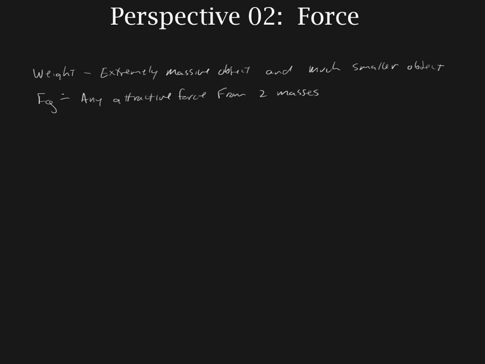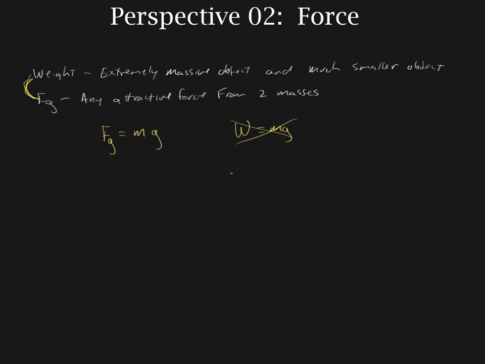In the cases where we're talking about weight as this attractive force between a really massive object and a much smaller object, in those cases we tend to use this equation. The force of gravity is equal to m times g. Now, the reason I even brought up the difference between these two terms is because, at least in my classroom, we never write weight is equal to mg.